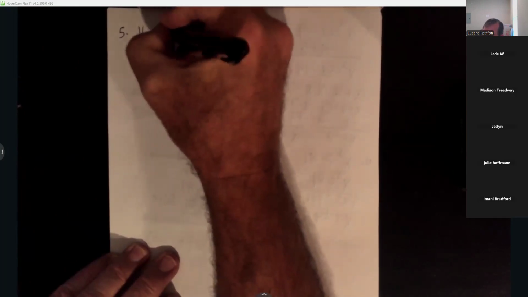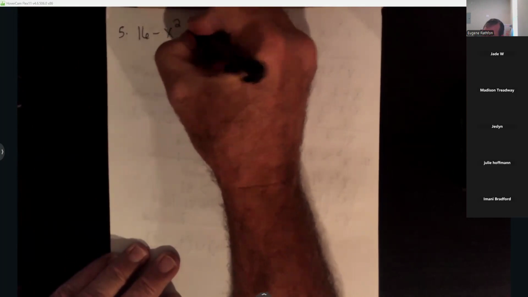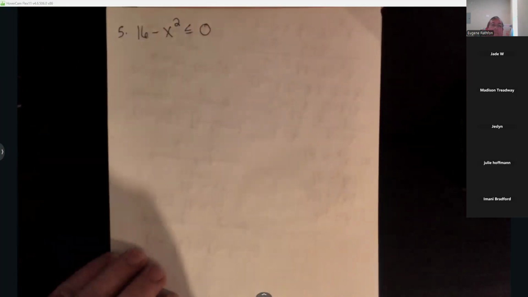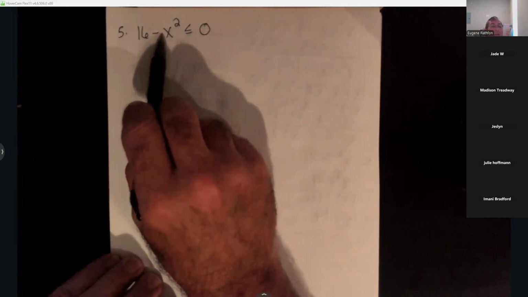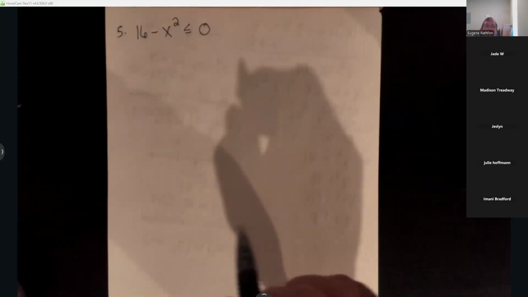Oh, yeah, so let's see what's next. Number 5. 16 minus x squared is less than or equal to 0. So now I got a negative x squared, so this graph would be flipped over, okay?